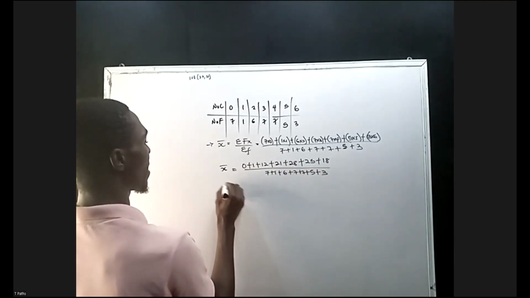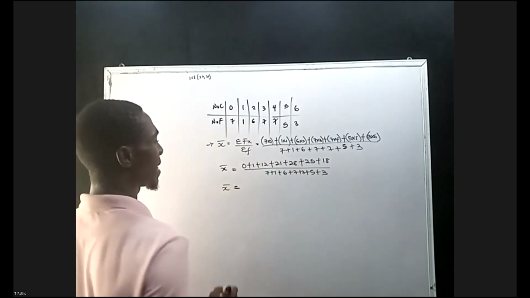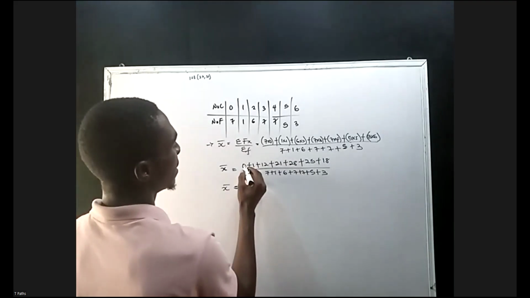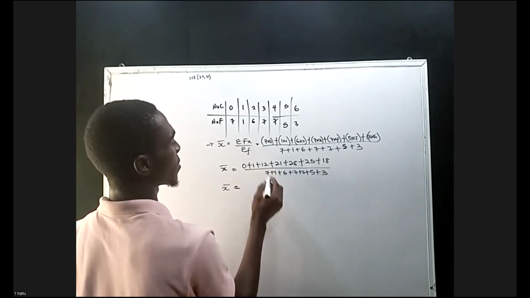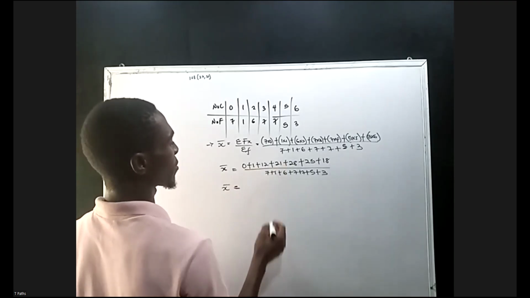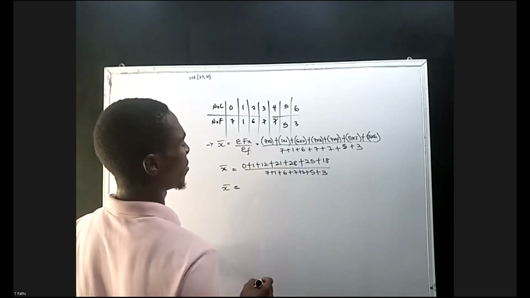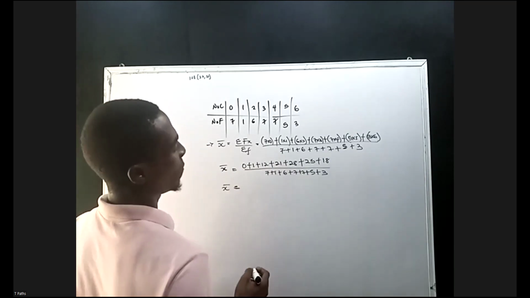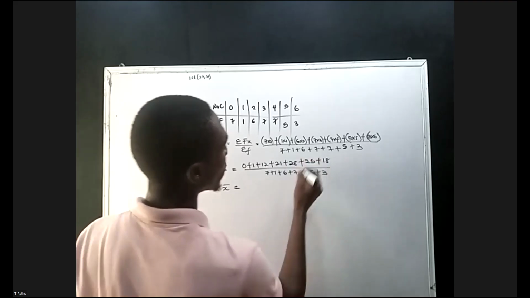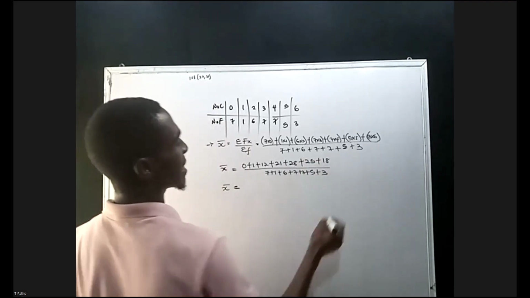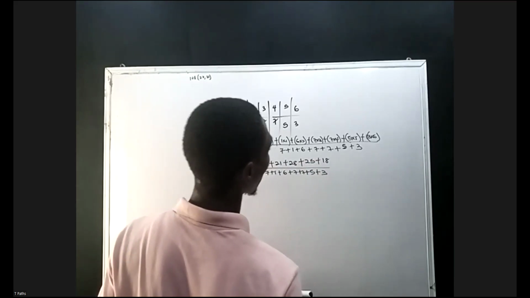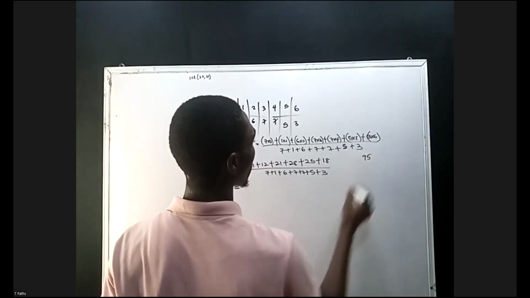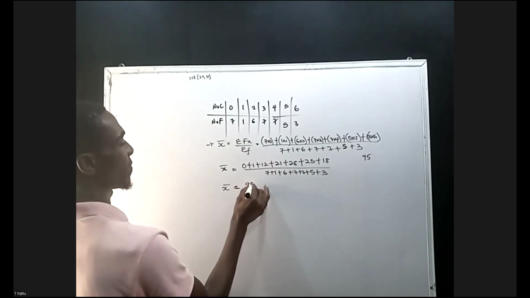The mean says we add all this together: 0 plus 1 is 1, plus 12 is 13, 13 plus 21 is 34, plus 28 is 62, plus 25 is 87, plus 18 is 105.